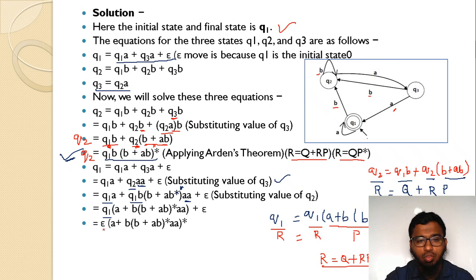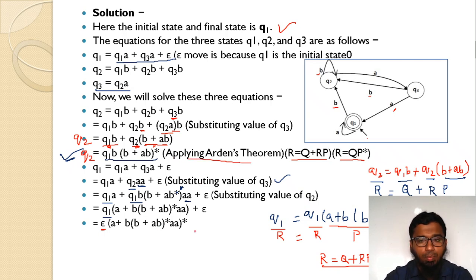So R is equals to Q, where Q is epsilon, and P means all this: A plus B, B plus AB whole square, AA star. So this is all P. So we have written in this format, and here also we apply the Arden's theorem.